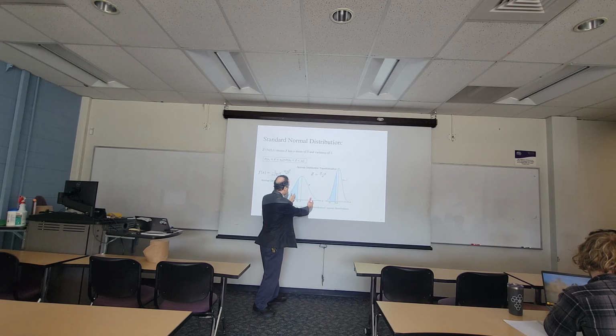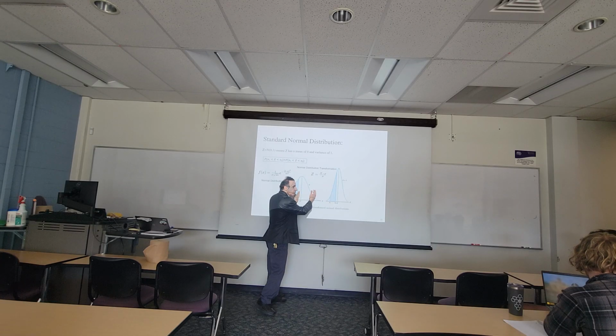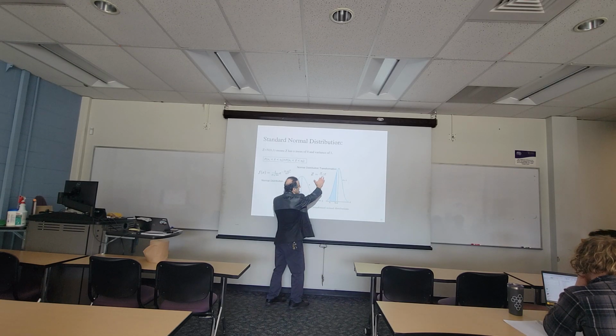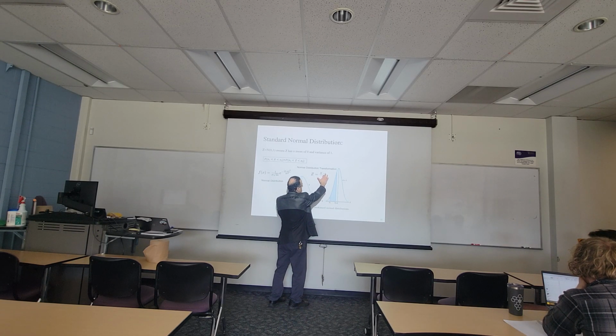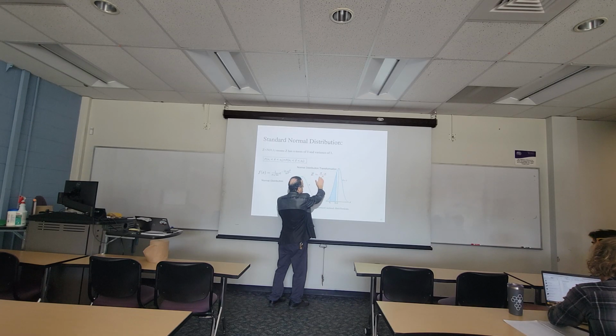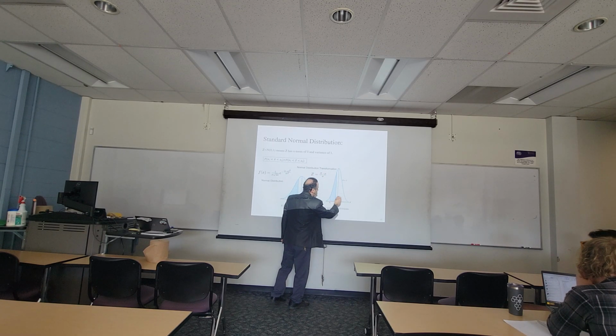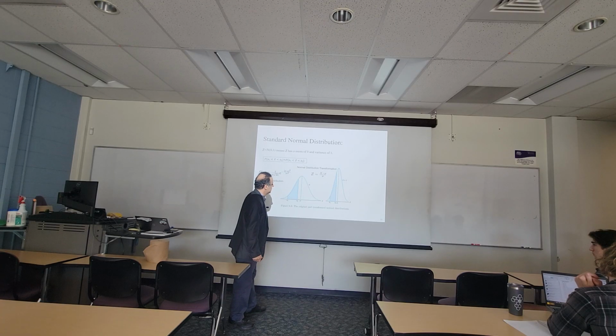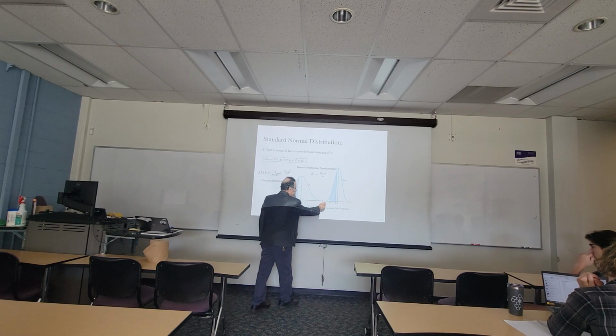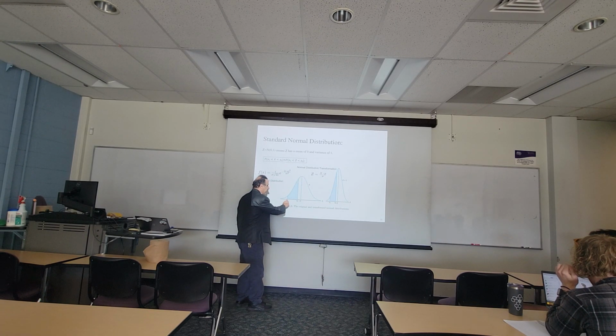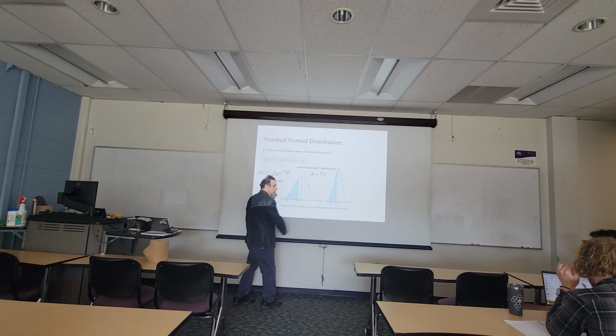You calculate the standard deviation for your sample, put it there, and put the average here, and it gives you z for every point. So this z1 corresponds to x1 in this distribution.